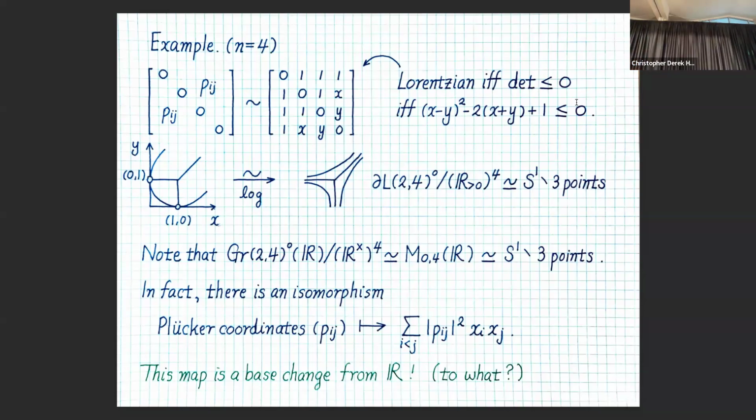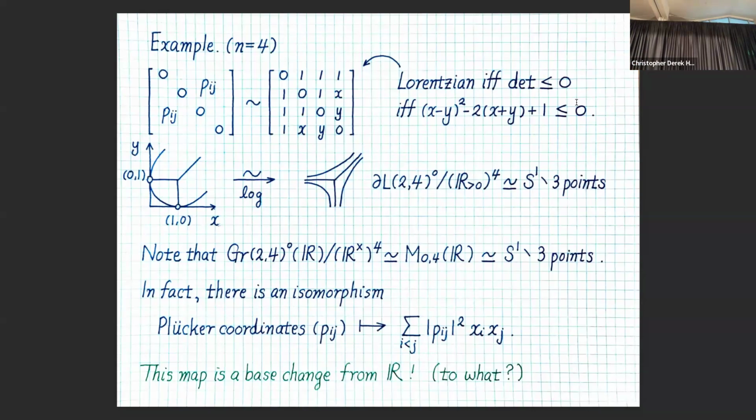As we know, such a quotient can be identified with the moduli space M04, the moduli of 4 points on P1, where I'm just looking at the interior points. And as you see, such a space is also S1 minus 3 points. And the claim is that the two S1 minus 3 points are truly identical spaces.